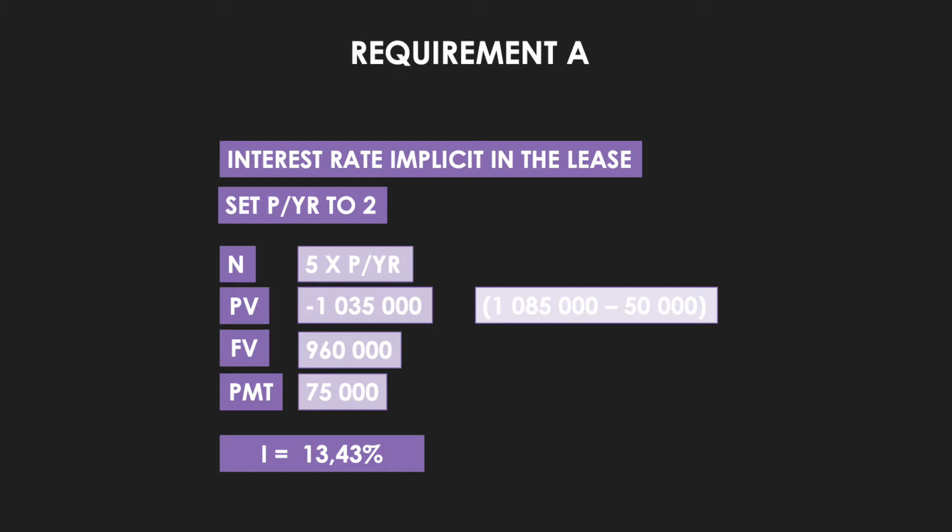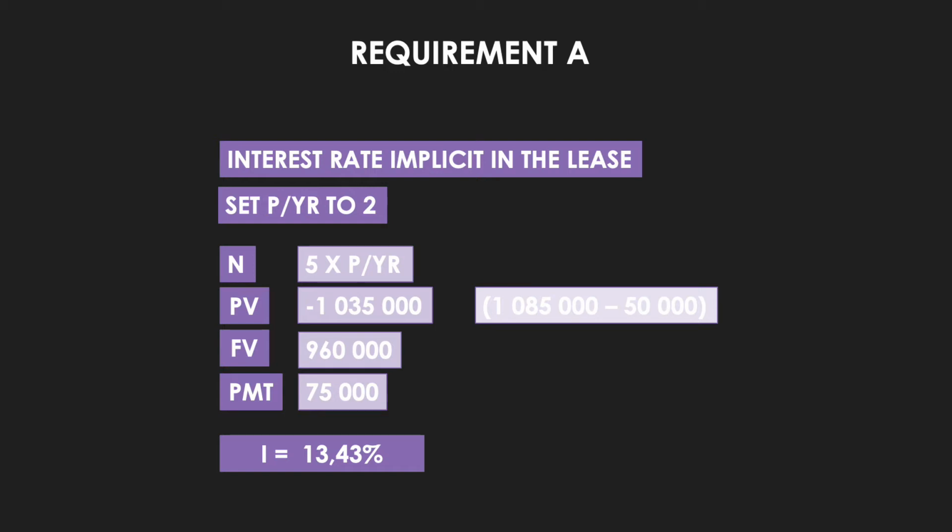The present value is the fair value of the asset given up, and the fair value of the asset given up was R1,085,000 on the 31st of December 2009. But importantly, we know that the lessee paid a deposit on the very first day of the lease of R50,000.